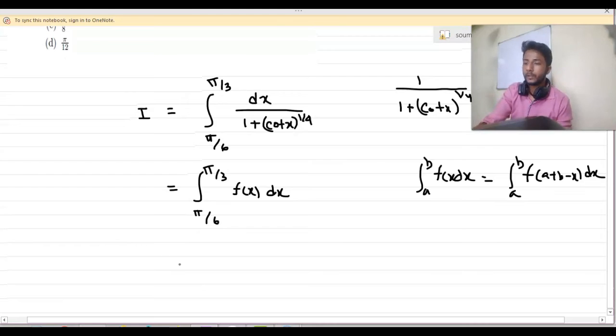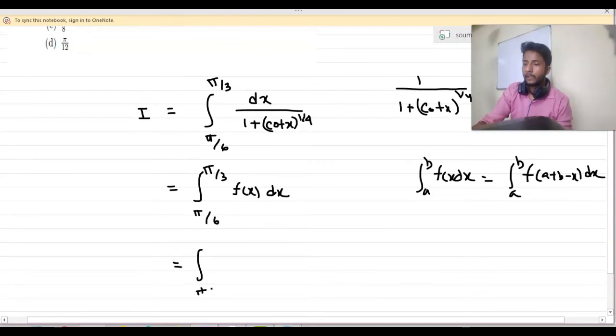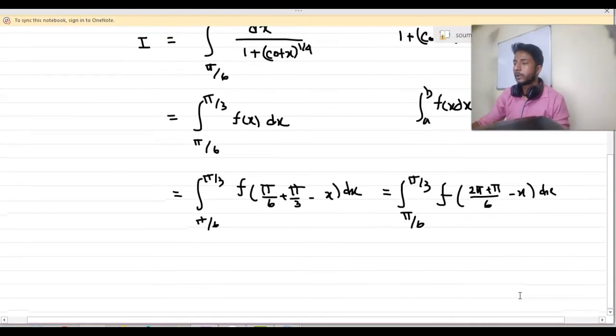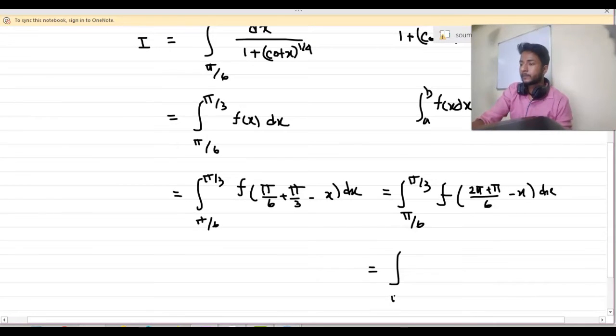I can say that I equals integration pi by 6 to pi by 3 f(pi by 6 plus pi by 3 minus x) dx. Pi by 6 plus pi by 3 is nothing but (pi plus 2 pi) by 6, minus x, into dx. So this is integration pi by 6 to pi by 3 f(pi by 2 minus x) dx.